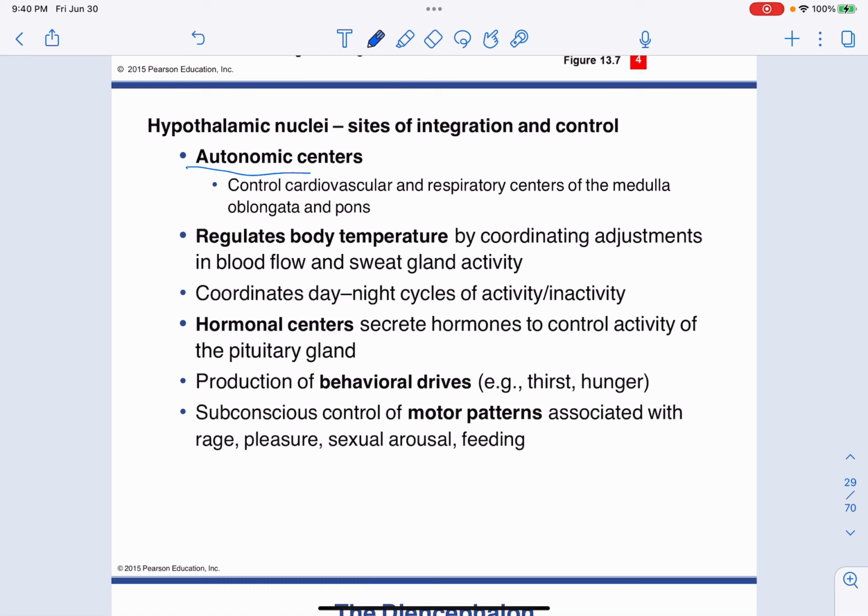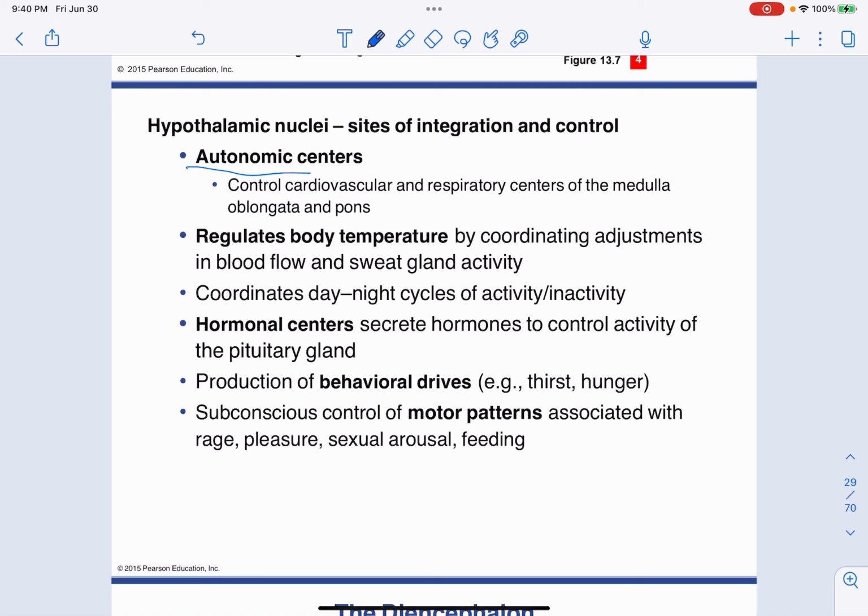And so what's happening is input is coming in. So the hypothalamus is looking at how much oxygen or carbon dioxide is in the blood. What is the composition of the cerebral spinal fluid or other circulating chemicals, including hormones.